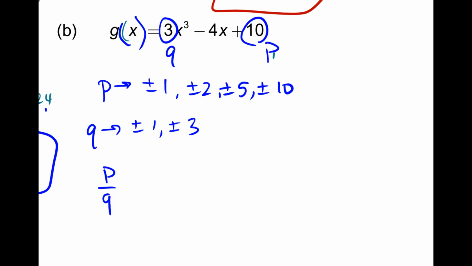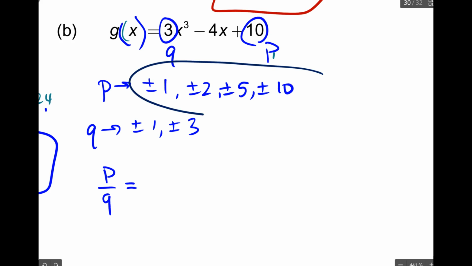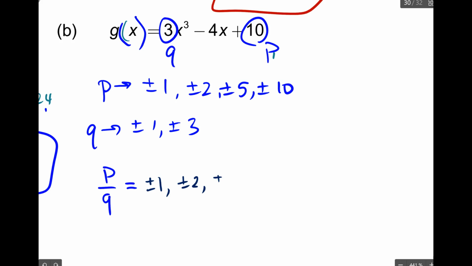So my Q is 3, my P is 10. If I list out all the factors of Q, the only things that multiply to 3 are 1 and 3. You can multiply 1 and 10 or 2 and 5 to get 10. If I take each of these terms and divide by the first factor of my Q, I get 1 divided by 1 is 1, 2 divided by 1 is 2, 5 divided by 1 is 5, 10 divided by 1 is 10.